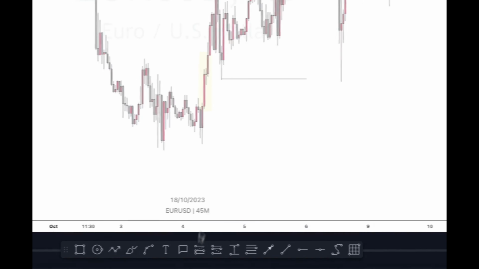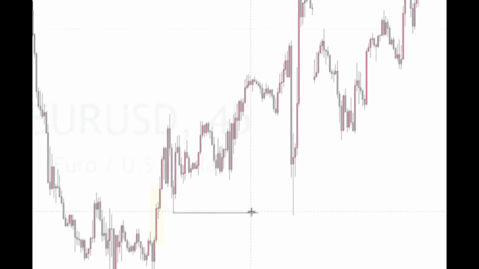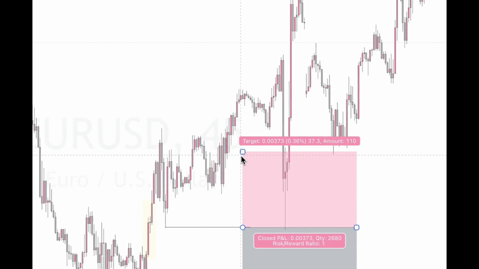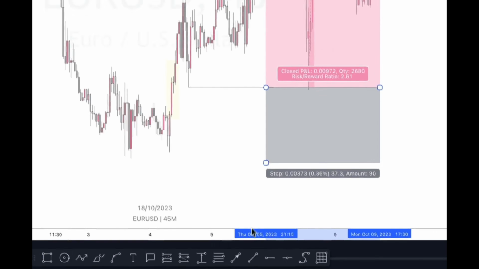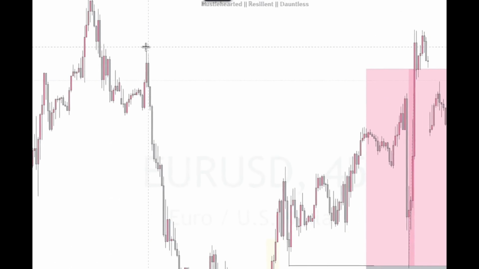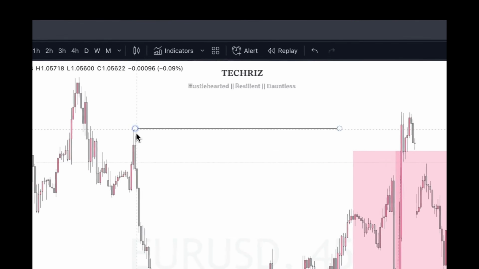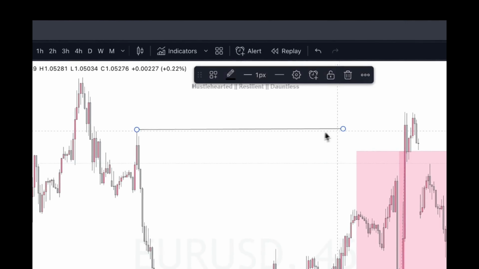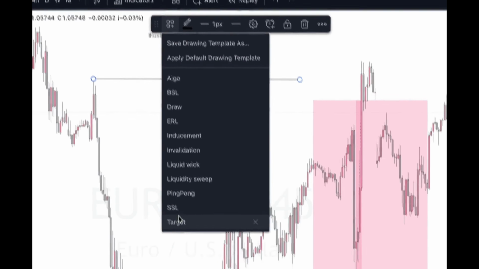And then if I'm going to enter this trade on the inducement, target this particular internal range liquidity, this particular internal range liquidity would be my targets.